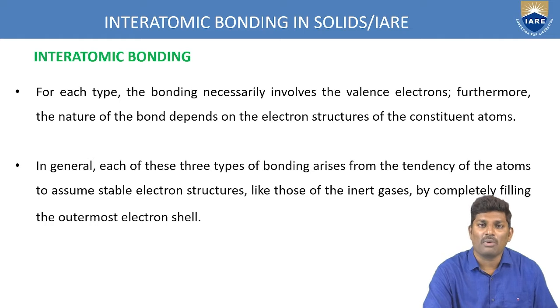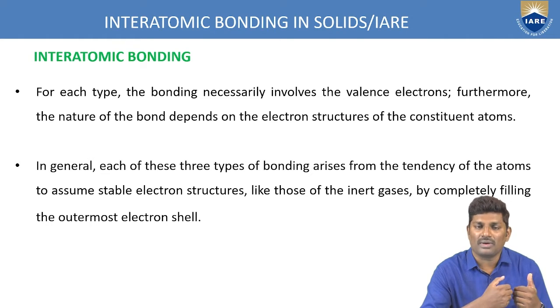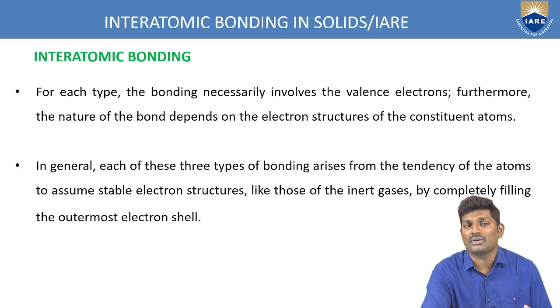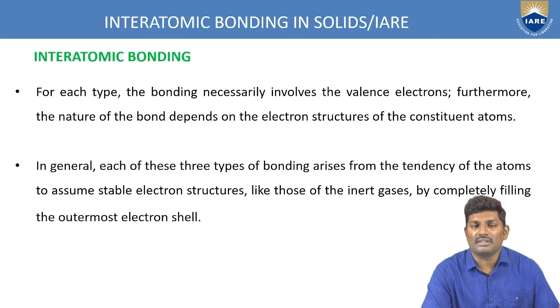Depending upon the type of bonding between the atoms, whether they contact each other directly or indirectly, and how they are attracted towards each other, that differentiates the type of bond.